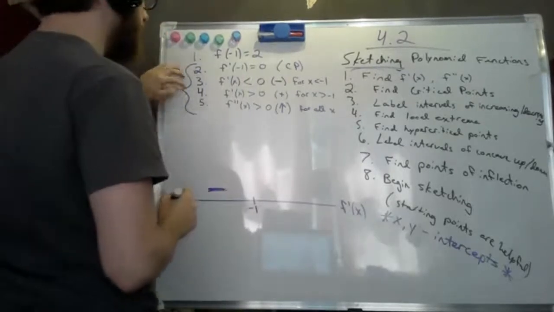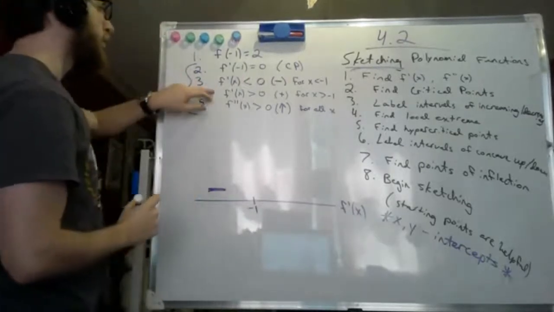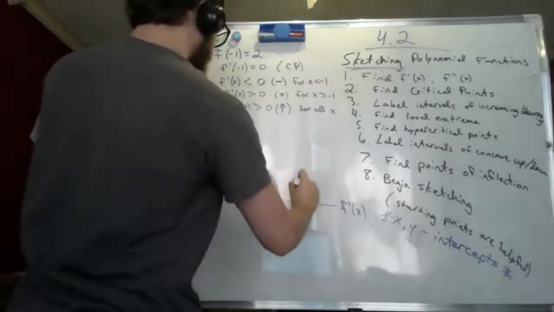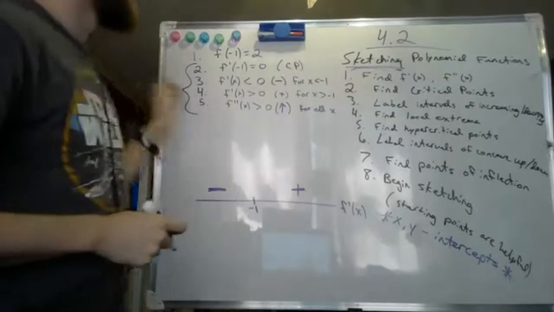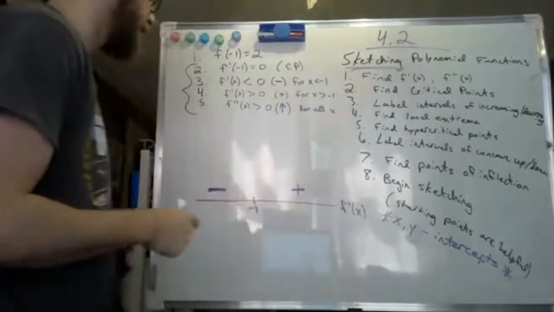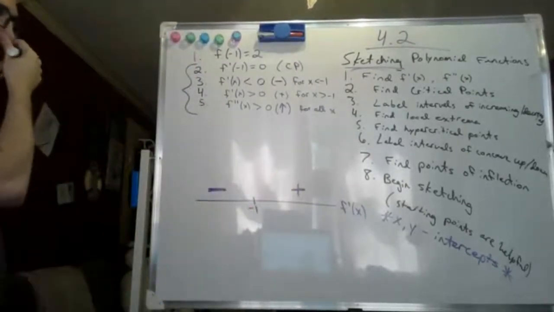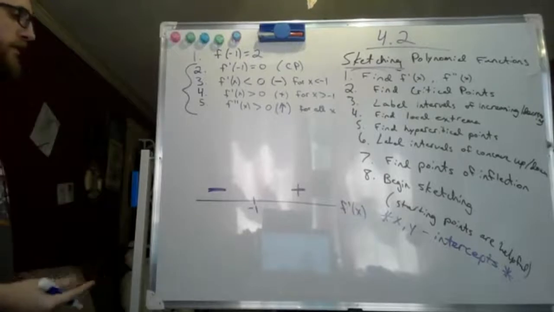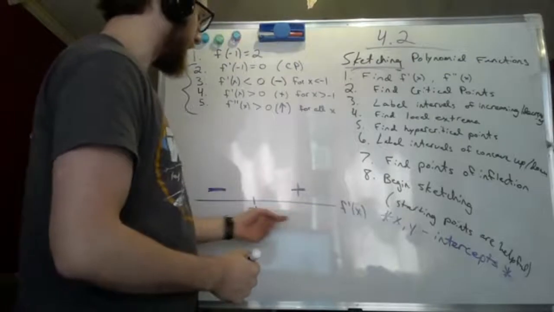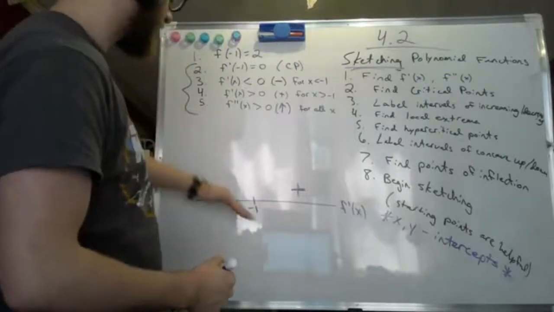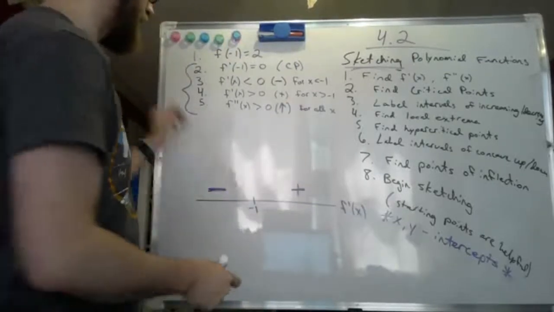And then to the right of -1, in 4, we're told it's increasing. Okay, good so far. Now what? Well, now it wants us to find local extrema. So what's a local extrema? Based on the first derivative test, it's where the first derivative changes signs. So here, it's decreasing and then increasing. This is a local min.